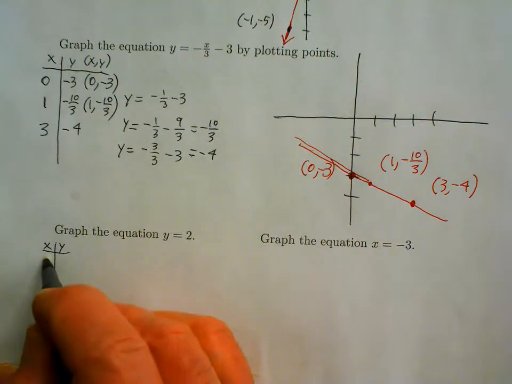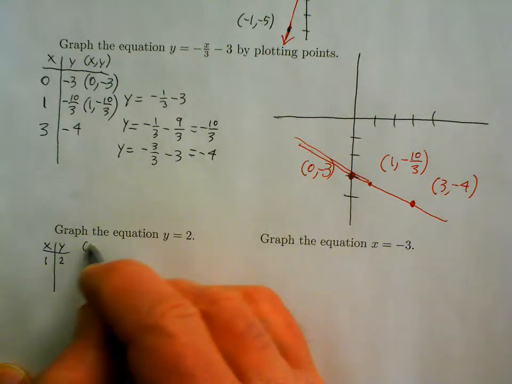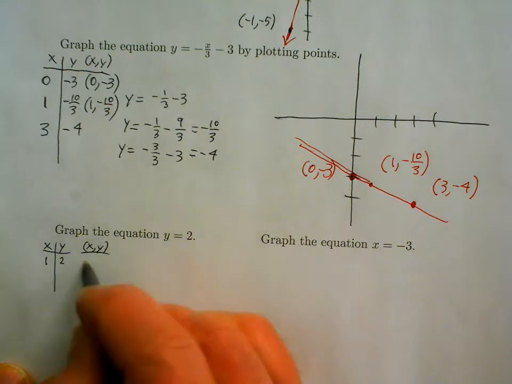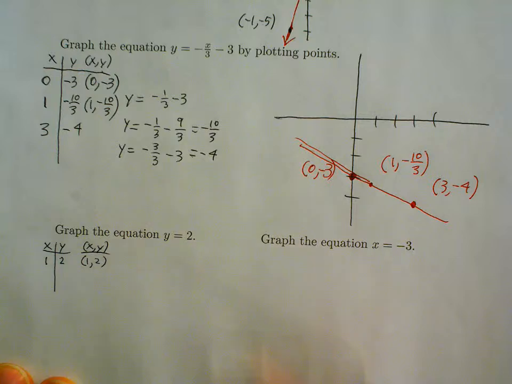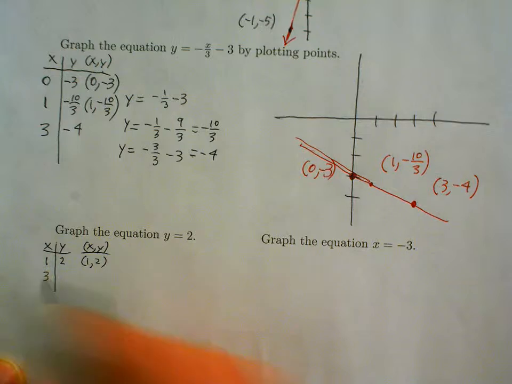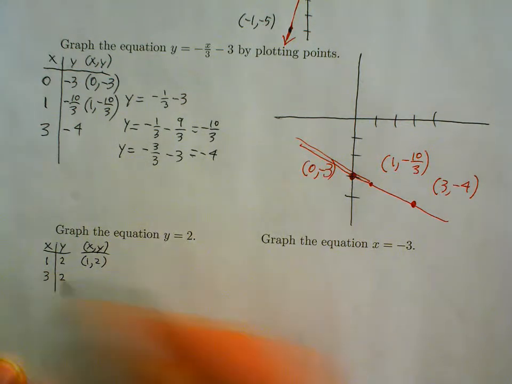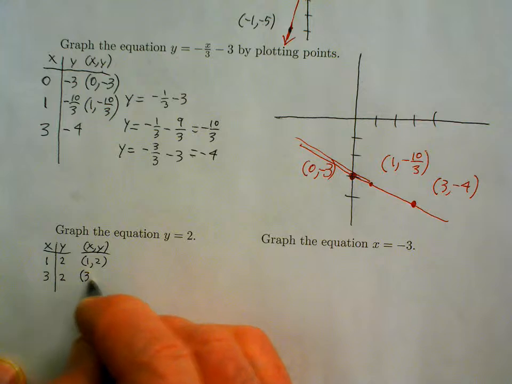So I'll pick x to be 1 that has a y-coordinate of 2. So the ordered pair 1, 2 is a point on the graph. I'll pick another x value, like 3, as long as the y value is 2. So I get 3, 2.